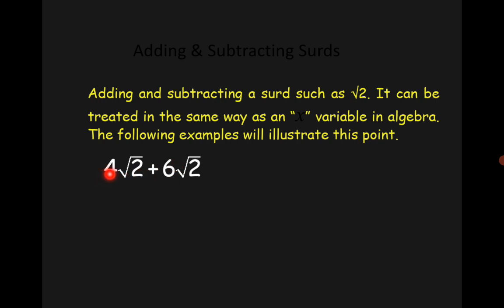We have 4 root 2 plus 6 root 2. So you treat these as like terms, like you'd say 4x plus 6x, that's 10x. But now we are not dealing with x here, we are dealing with root 2, which is a surd. Root 2 is a surd, implying that you cannot find the exact value of root 2.